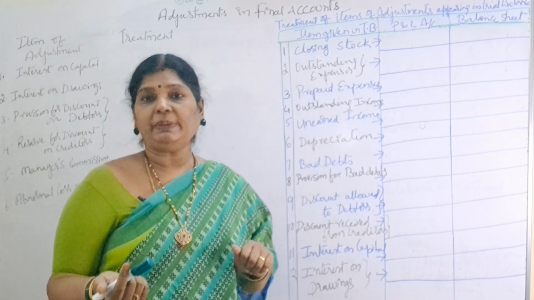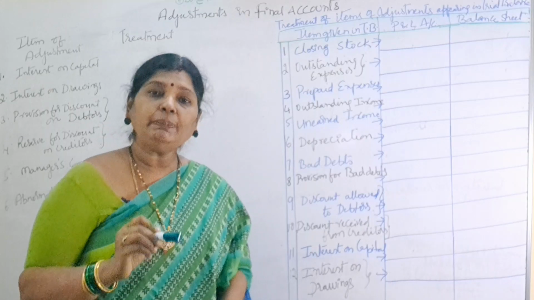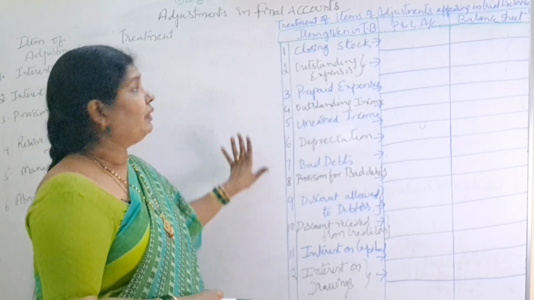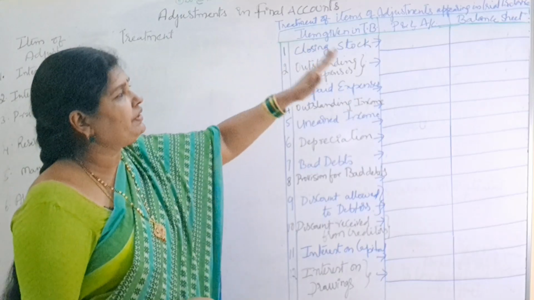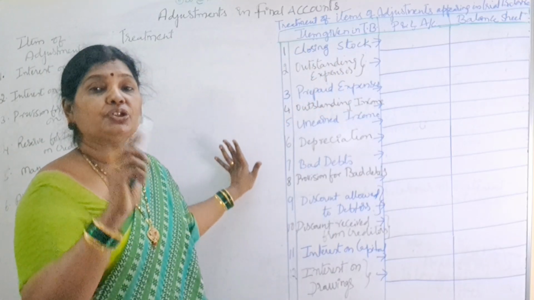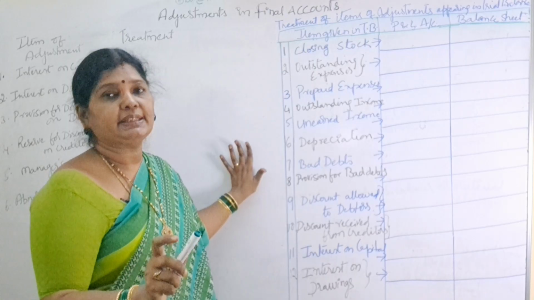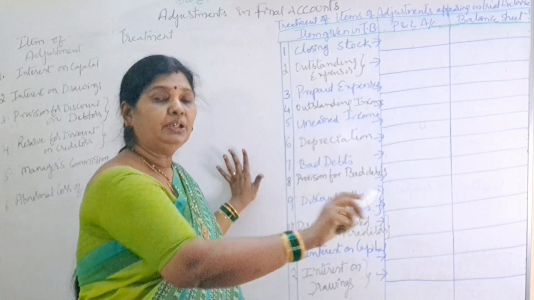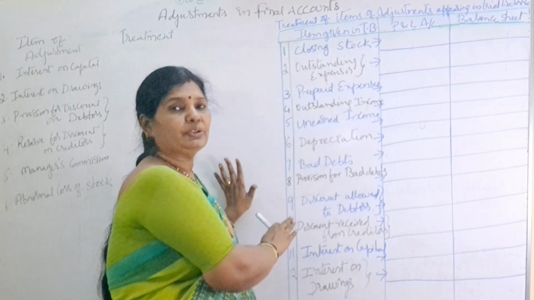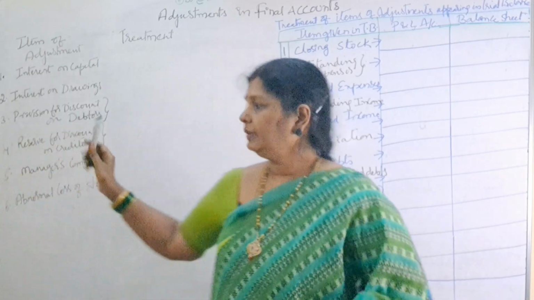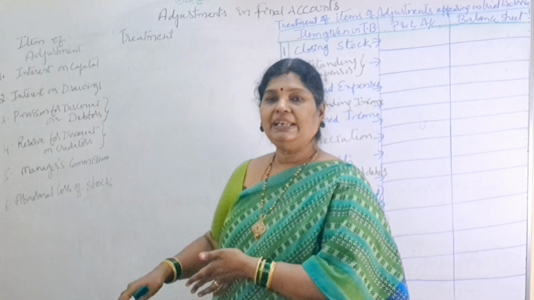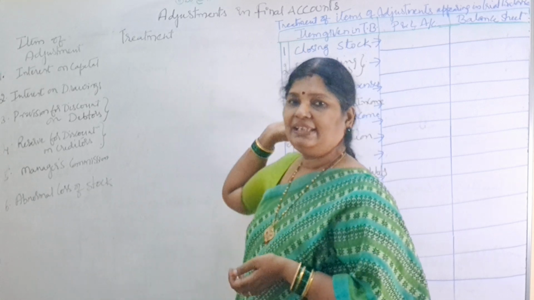Because we can't show it in two places, we have to show it only in one place. That is why I am explaining this also. Treatment of items of adjustments appearing in the trial balance will be shown only in one place. It will not be shown in both the places, right? So first I will explain the remaining 6 adjustments below the trial balance. Then I will come to this later.